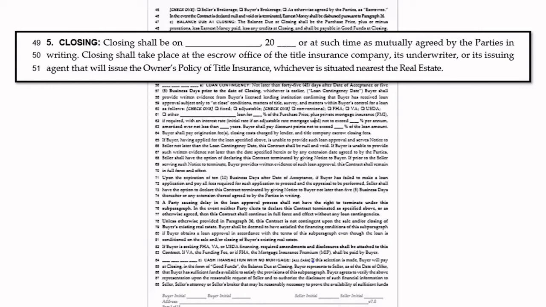Now that was for the last month. The lowest days in all of 2018 was 42 days on a conventional, 43 days on an FHA, and 46 days on a VA.